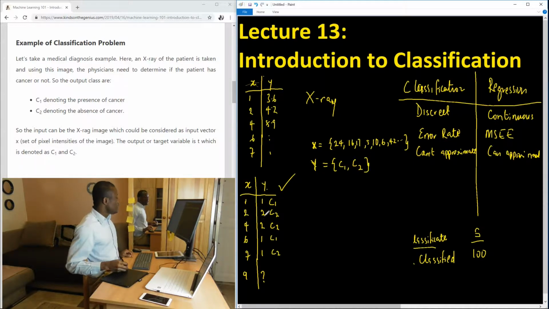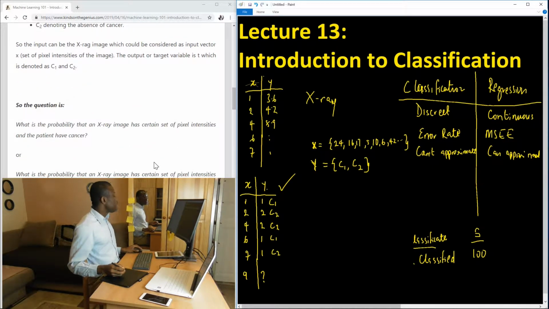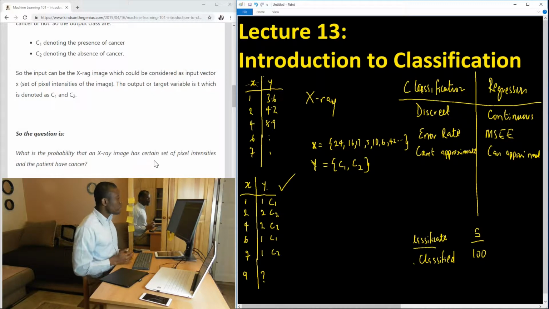Okay. So let's now go down a bit to see how probability plays out here. The question that will be asked is, what is the probability that an X-ray image has a certain set of pixel intensities and the patient has cancer? So let's say Xi has been determined for patient i, and we need to determine if it's C1 or C2.